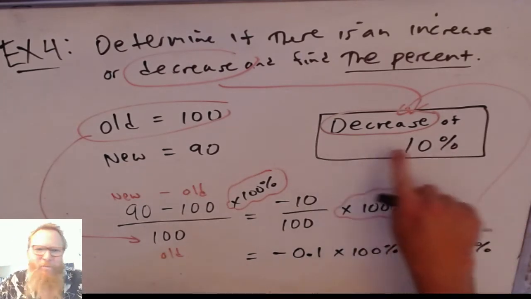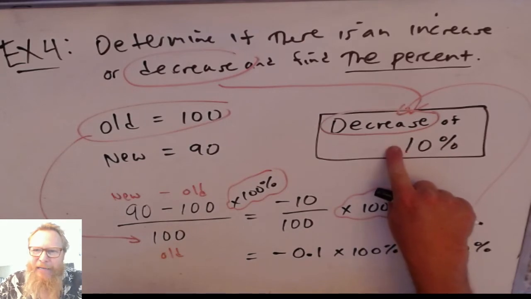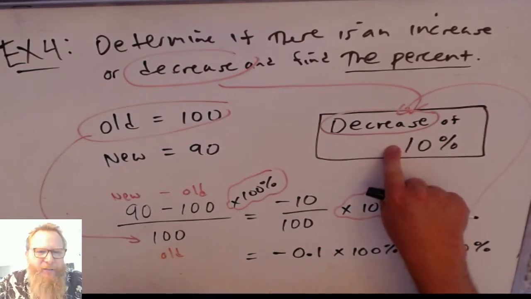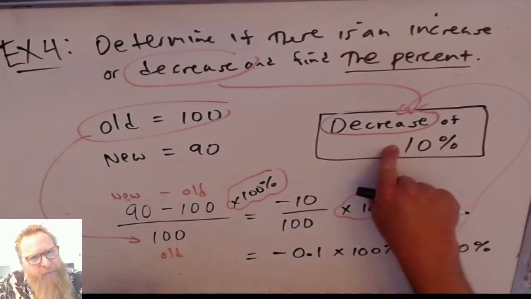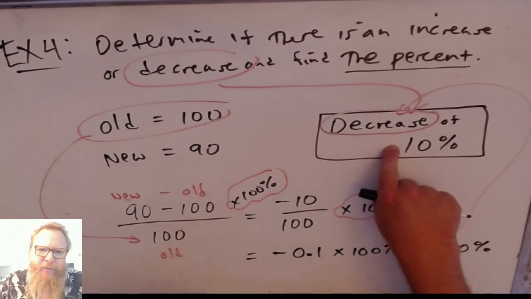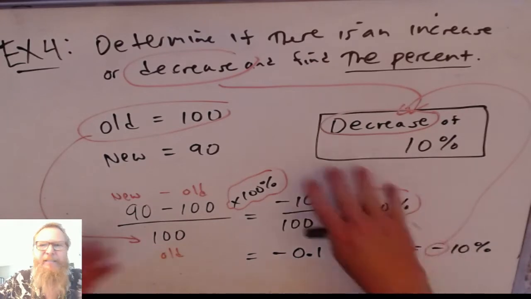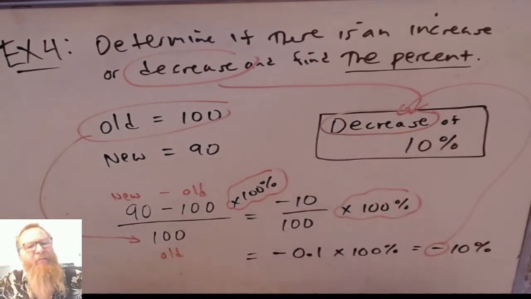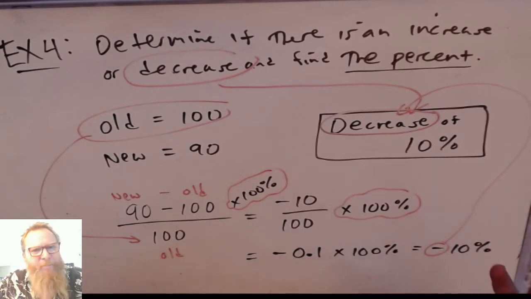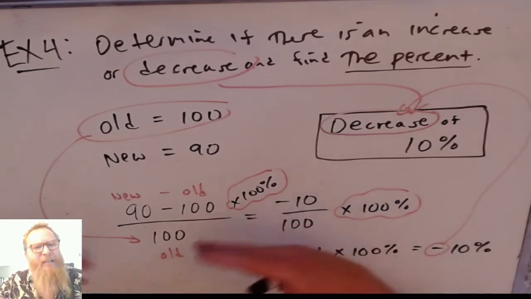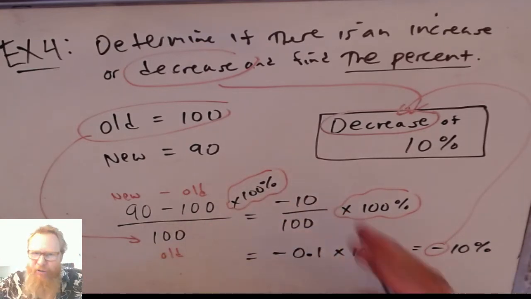Now, the reason why we don't put the negative is because it would be redundant. To say a decrease of negative 10%, that would be redundant because decrease already means negative. Another reason is this type of information is meant for the average viewer, the average consumer, and so we typically don't like to put negative numbers in things like advertisements and publications and news stories.